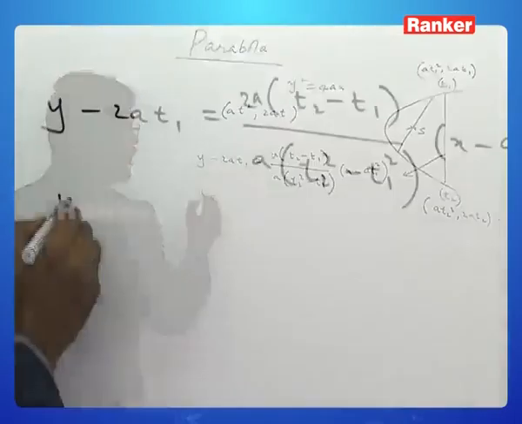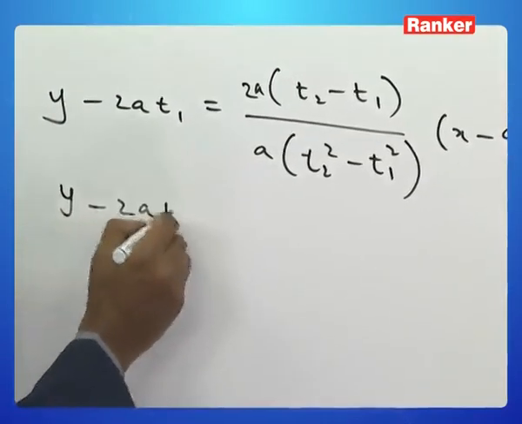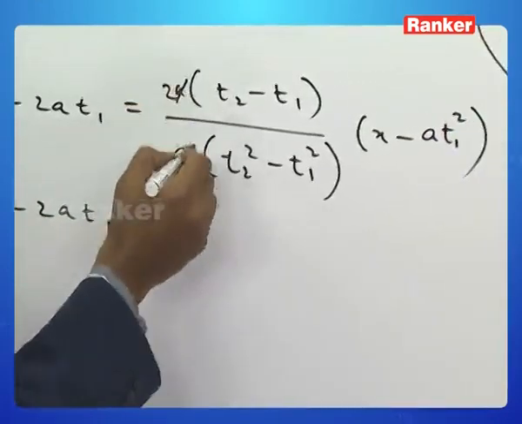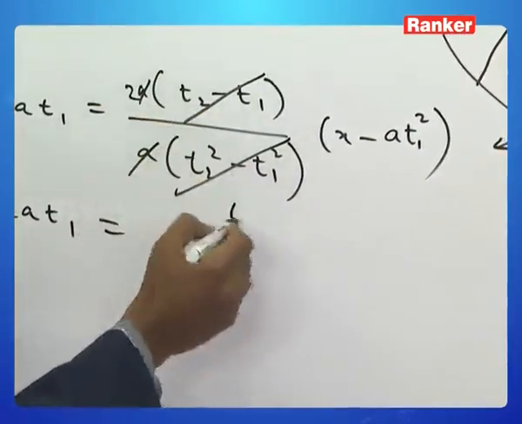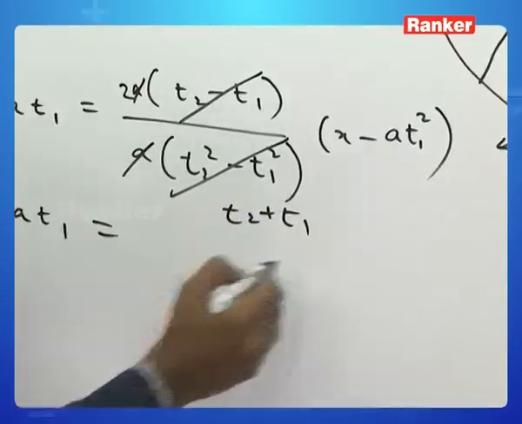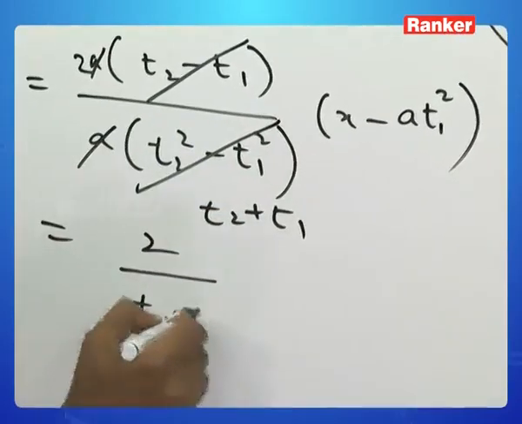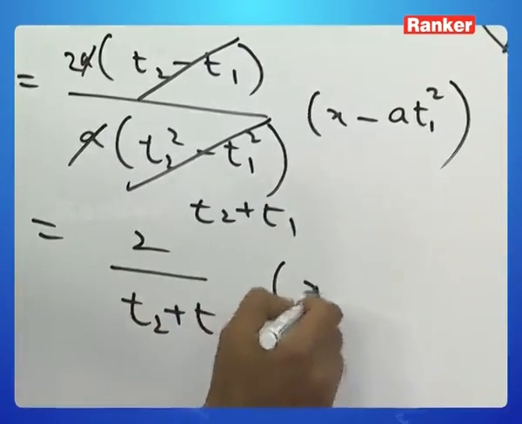Okay, so what do we have here? Y minus 2a t1 is equal to, a cancels and we have t2 plus t1 here. So 2 by (t2 plus t1) into (x minus a t1 square).